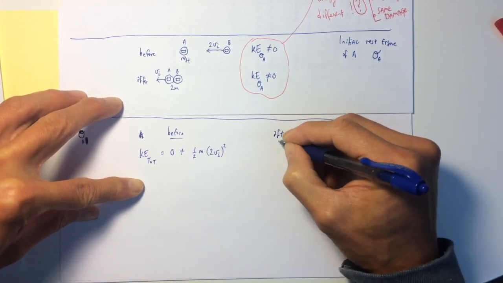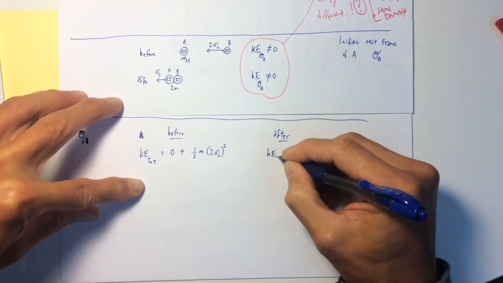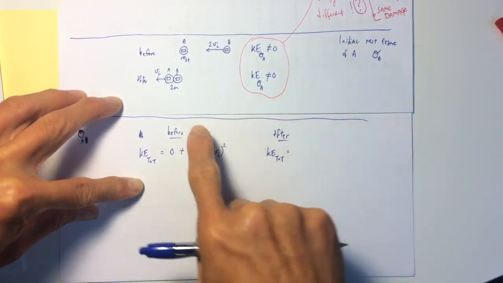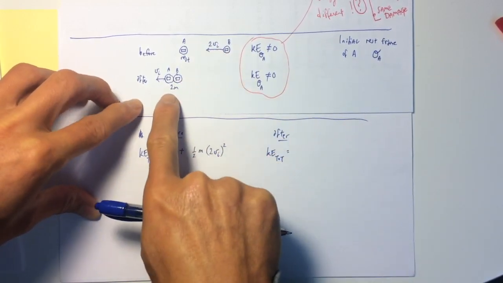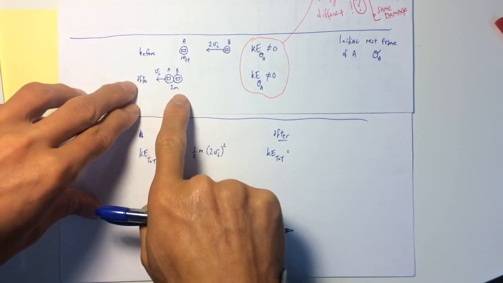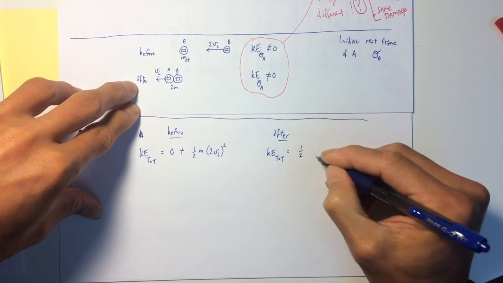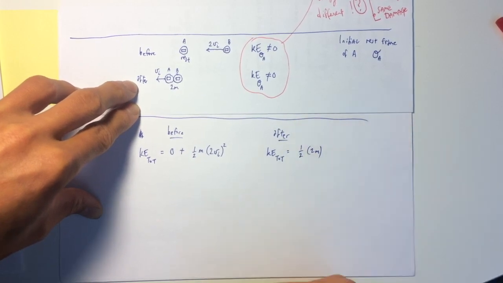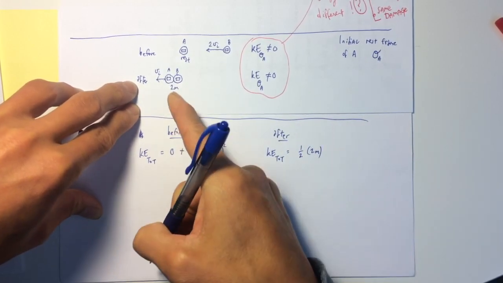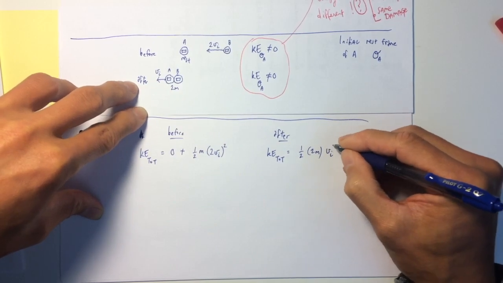The after kinetic energy: the collision results, so after the collision is finished, I have the two balls moving together. So they move together as an object with doubled the mass, but with the speed v sub i squared.